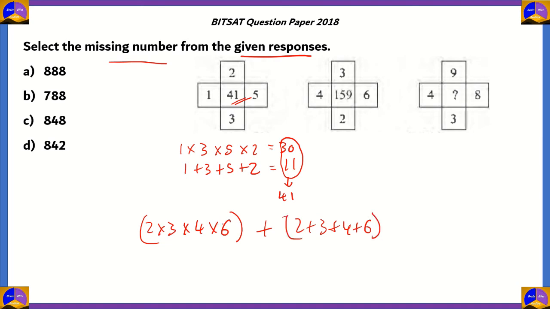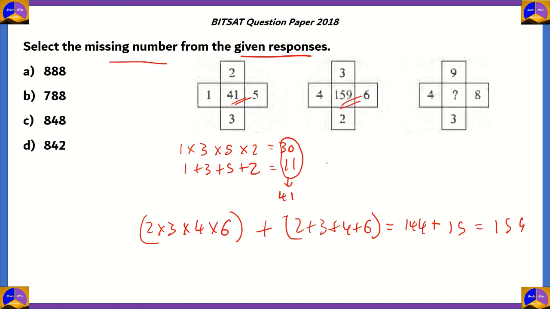So it's the product of the 4 numbers added to the sum of the 4 numbers that gives us the number in the center. 2 into 3 is 6. 3 into 4 is 12. 2 into 6 is 12. 12 times 12 is 144. And 2 plus 3 is 5, 5 plus 4 is 9, 9 plus 6 is 15. So 144 plus 15 gives you 159, which is what is given here.